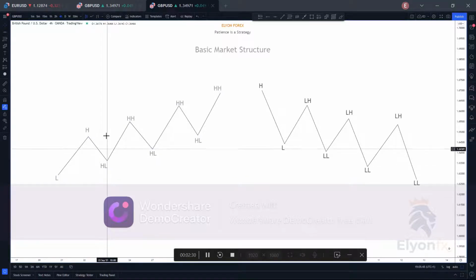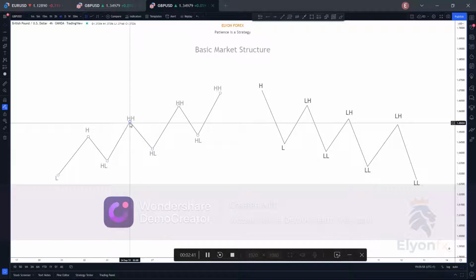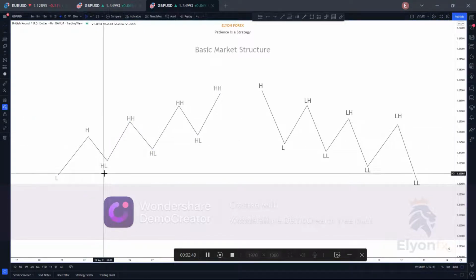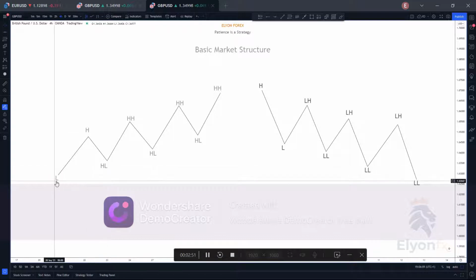When we see this, we identify this low that the market created as a higher low, because this low is higher than the previous low, and the market also prints a higher high, because this high is higher than the previous high. So this is a higher high compared to the previous high, and this is the higher low compared to the previous low. That is what this means.